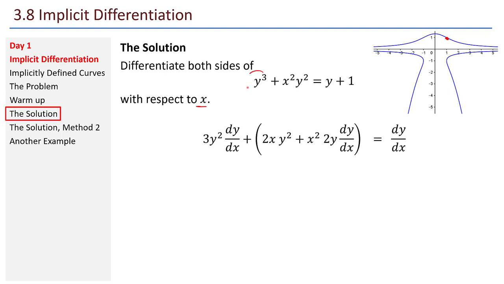And what I end up with is, well, this y cubed, that derivative is just 3y squared dy/dx. The x squared y squared, this becomes this whole stuff in parentheses because I have to use the product rule. And what's going on the right? The derivative of y is dy/dx, but the derivative of 1 is just 0, so that disappears.